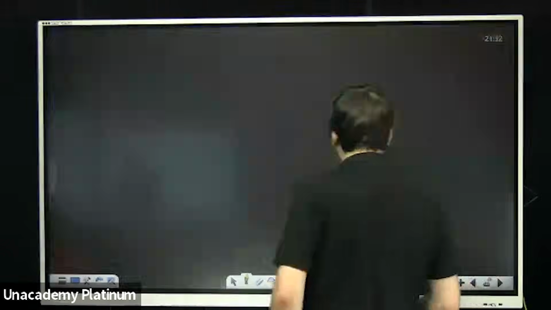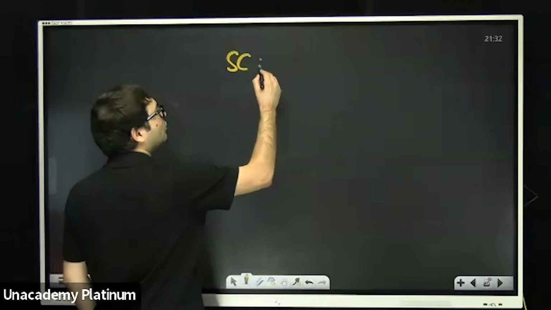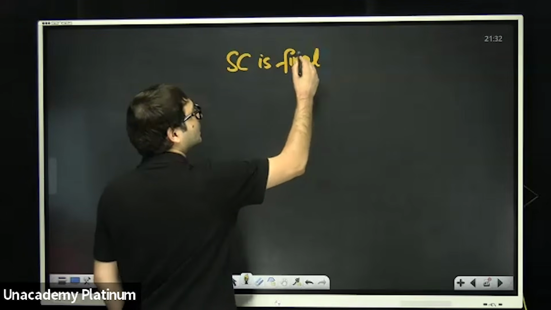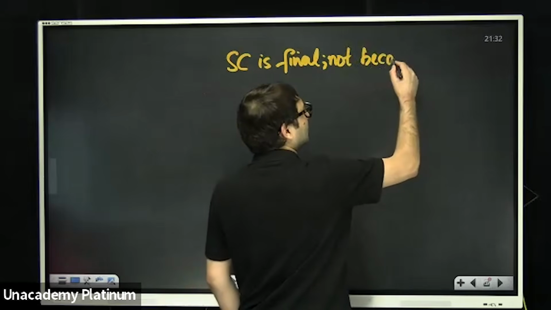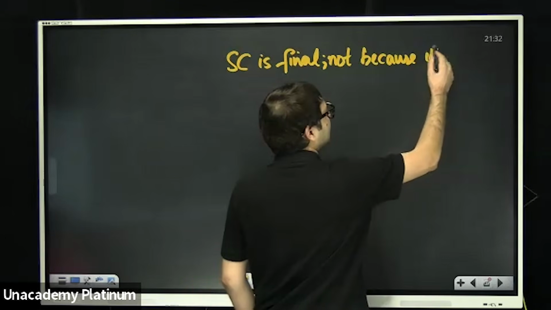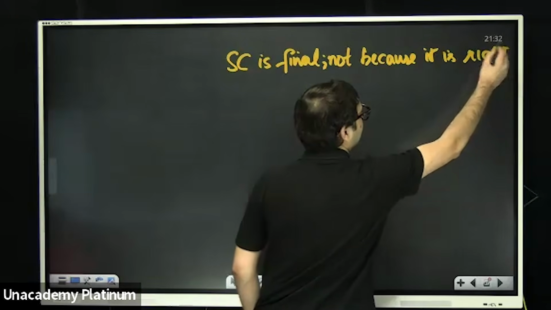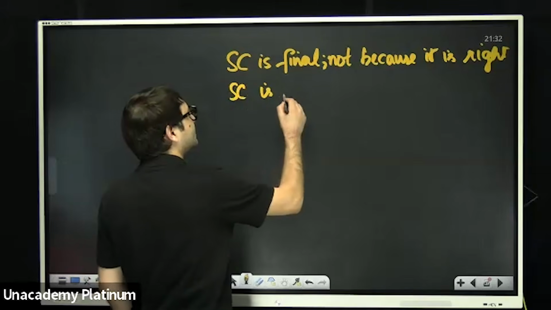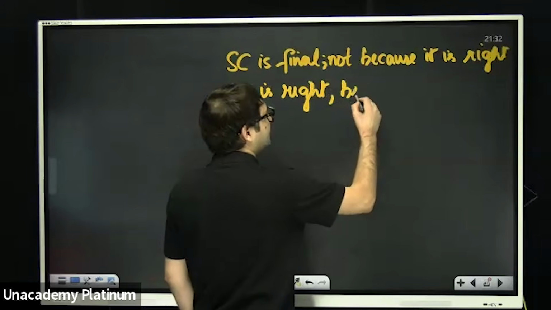What is contempt of court? We say Supreme Court is final. Not because it is right, but Supreme Court is right because it is final.